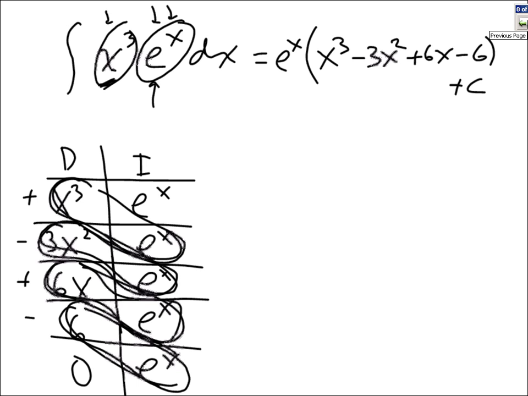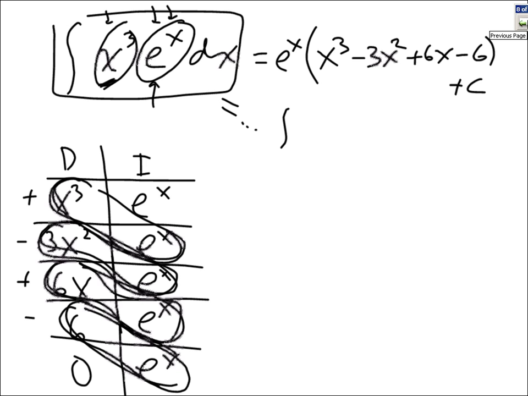Otherwise, you'd have to do integration by parts 3 times. The first time you do, you're going to get some stuff plus some number times x squared e to the x. And you integrate again, and you're going to get something plus the integral of x e to the x dx.